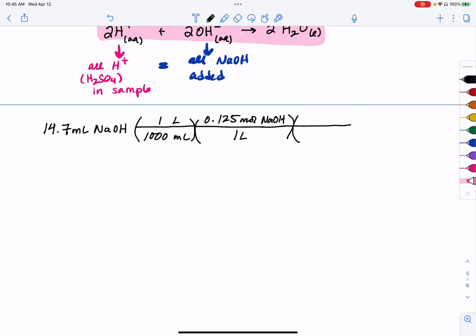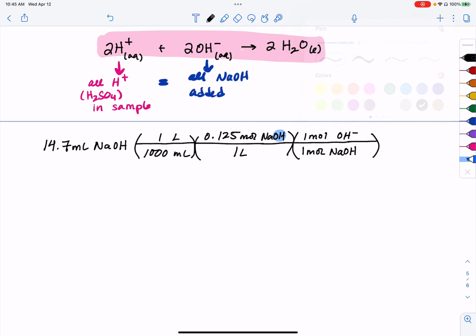And this is now where I've got to be careful, where I need to look at just the hydroxide. So I'm going to use the subscripts in the sodium hydroxide chemical formula to say that for every 1 mole of sodium hydroxide that was added to our flask, we were adding 1 mole of hydroxide ion because each unit of sodium hydroxide carried 1 hydroxide ion.